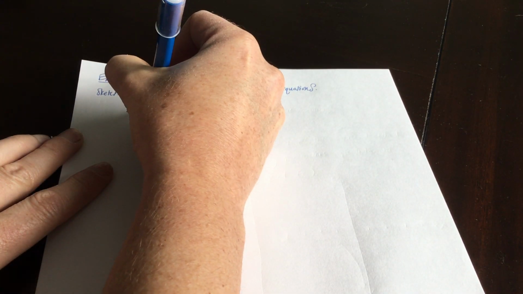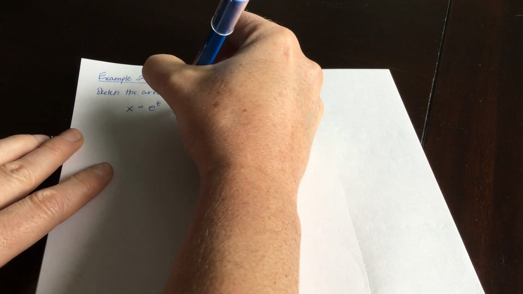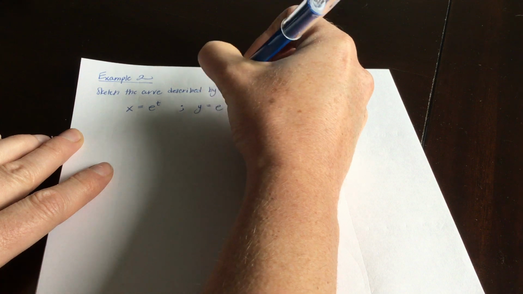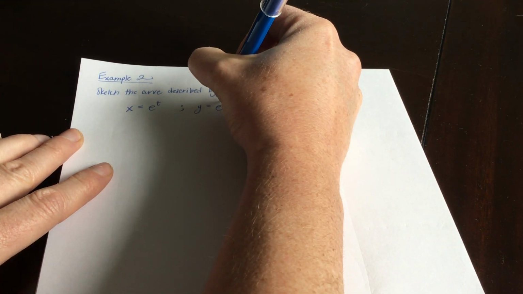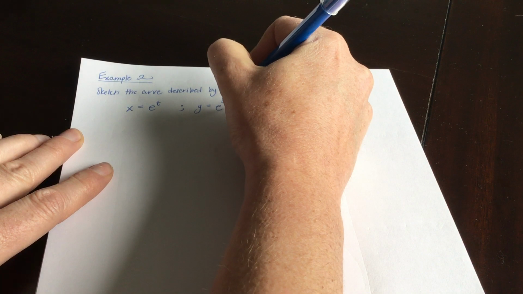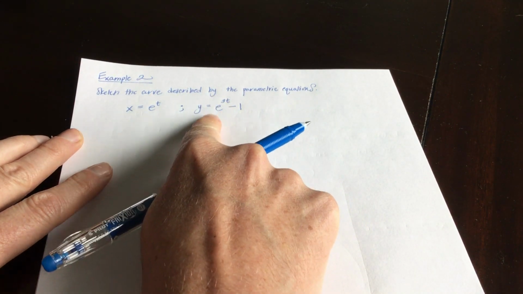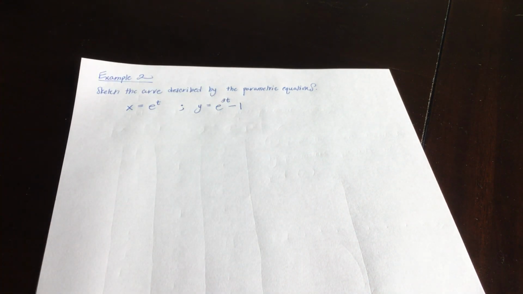Okay, and then let's give you x is equal to e to the t, and y is equal to e to the 3t, and then I'm going to have the minus 1. Hopefully you can tell with my handwriting, the minus 1 is outside of the e to the 3t function. It's not up there in the exponent. Okay? So take your time, figure out what you would do with this. This is a short lesson, so go ahead and maybe pause the video and see what you'll do with it.